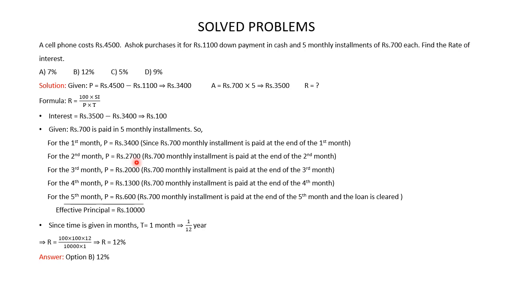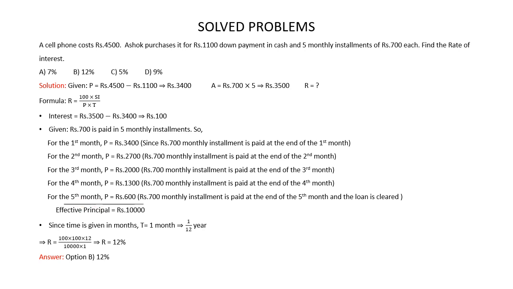Now at the end of the second month, another rupees 700 is paid. So the principal for the third month would be 2,700 minus 700, which is rupees 2,000. At the end of the third month, another rupees 700 is paid. So the principal for the fourth month would be rupees 2,000 minus 700, which is rupees 1,300. At the end of the fourth month, another rupees 700 is paid.